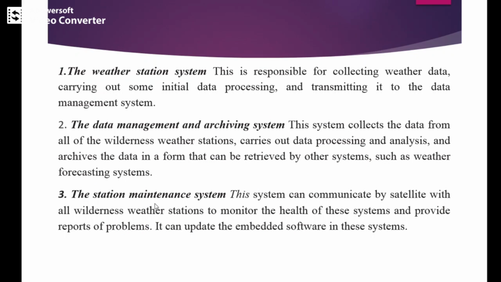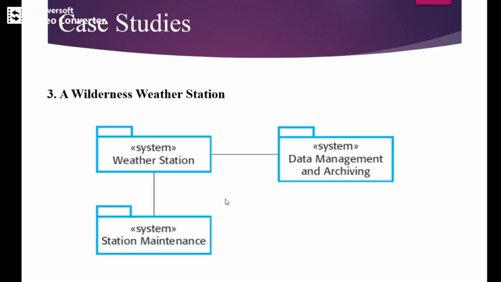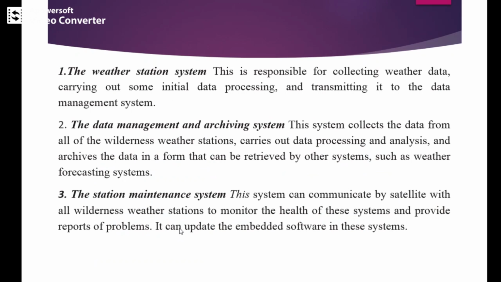Third one is the station maintenance system. We have here in the figure the station maintenance system. So what does this do? This system can communicate by satellite. Through satellite, it can communicate with all the weather stations in the wilderness areas.